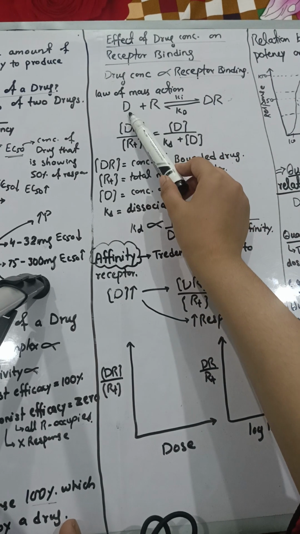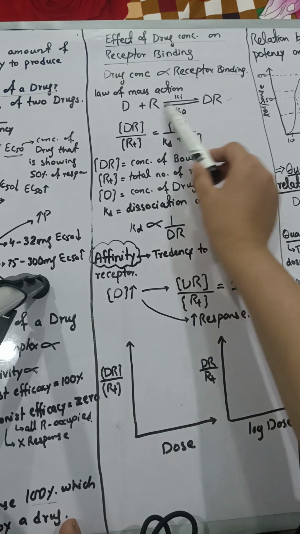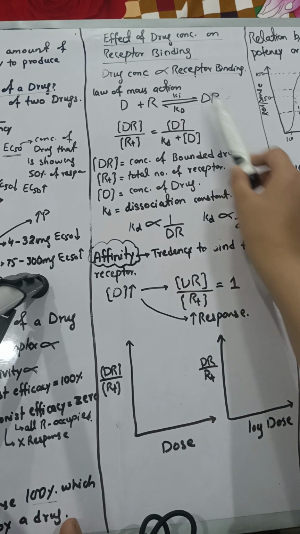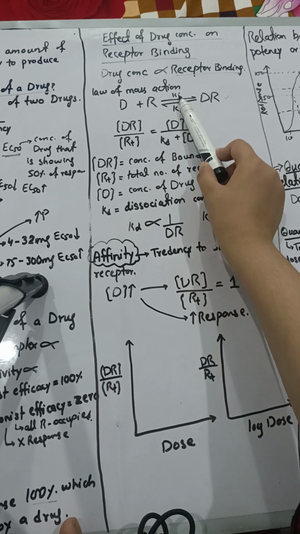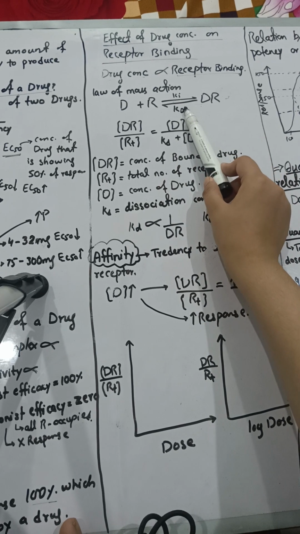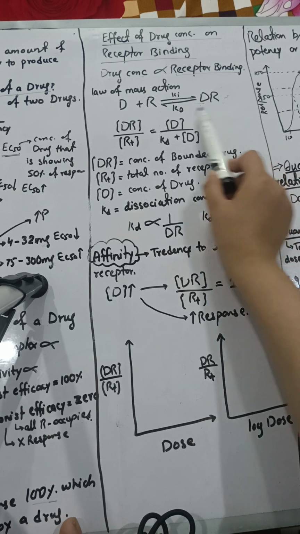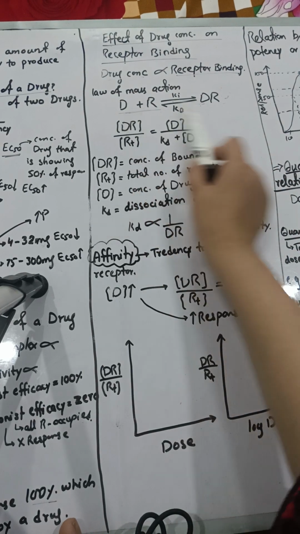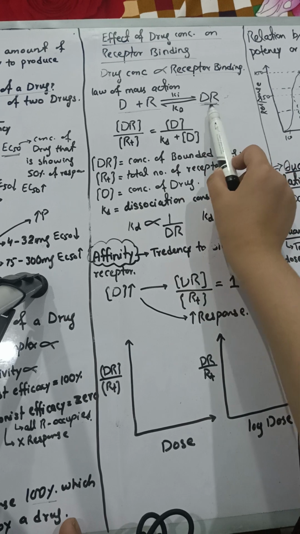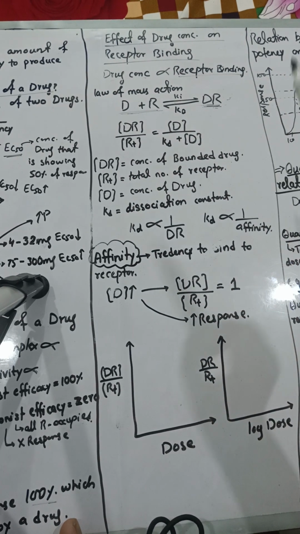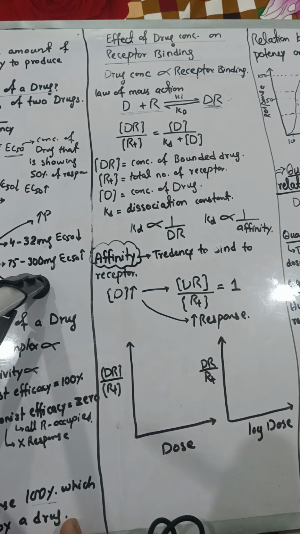Your drug plus receptor combine and make the drug-receptor complex. Now K1 is the association constant and KD is the dissociation constant. KD converts your DR complex again into the inactivated form. This is the activated form of your receptor, this is the inactivated form, so KD is reversing them.